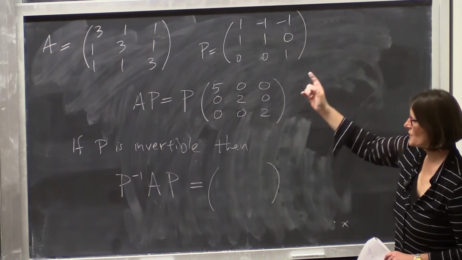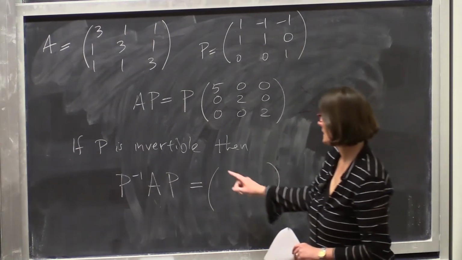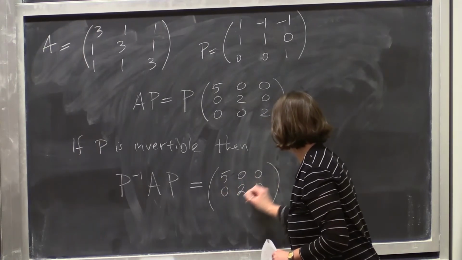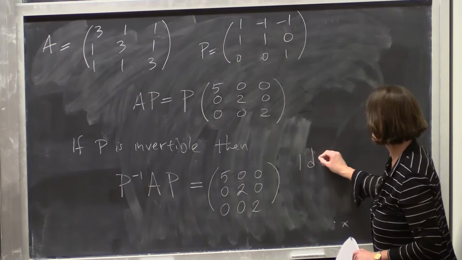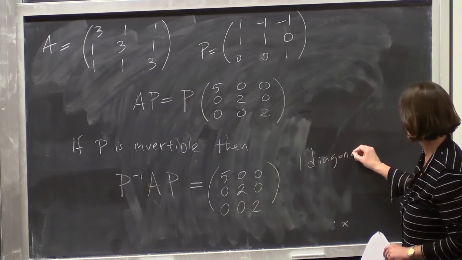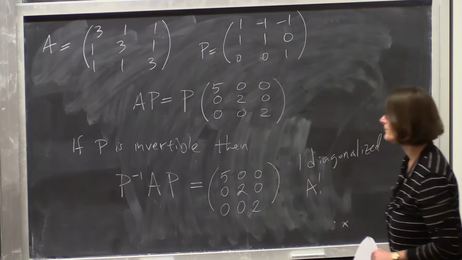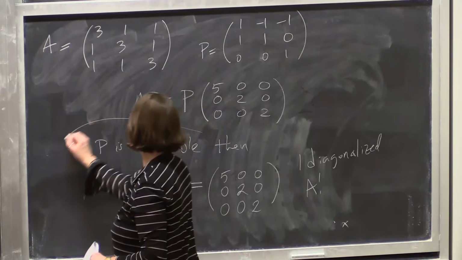So take this equation, multiply both sides by P inverse on the left. Then I get this. I diagonalized A. But this depended on if P is invertible.